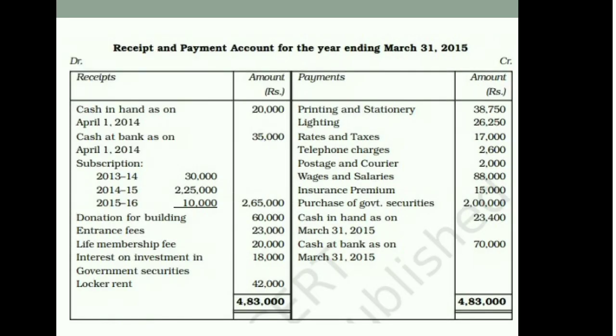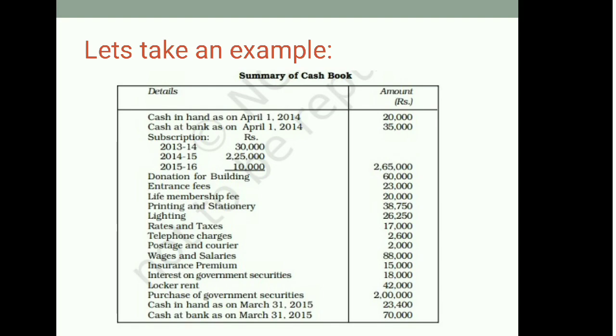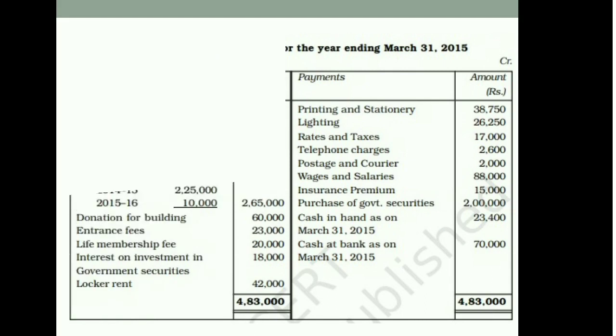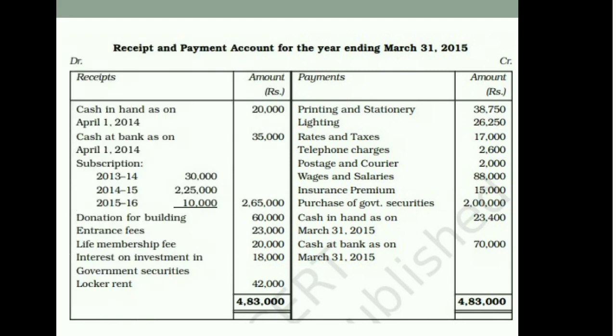This is the receipt and payment account, because previously, in the last slide, it was like this. This is your question, and this is the answer to your question. So here you just have to understand that if you carry cash in hand, it will be on the debit side, and if it is the closing balance, that will be on the credit side.